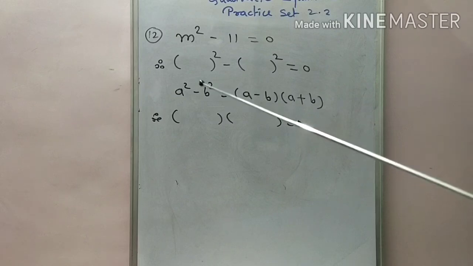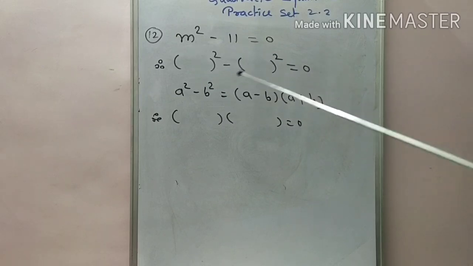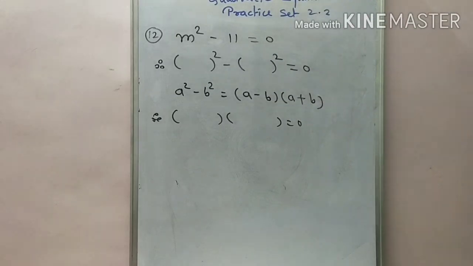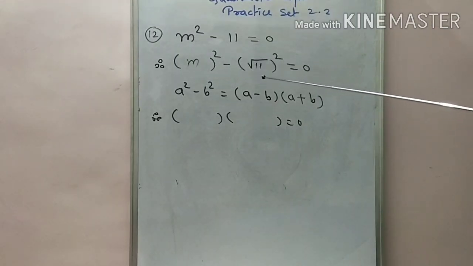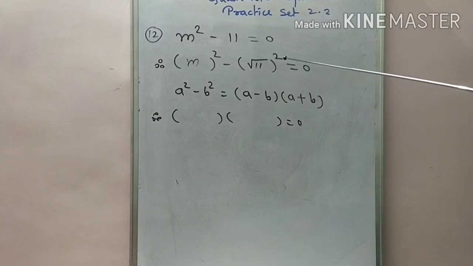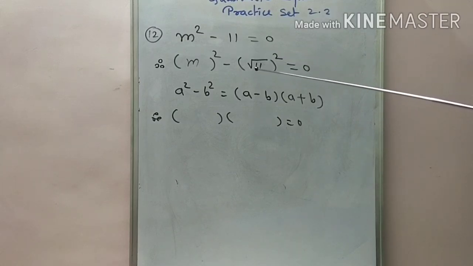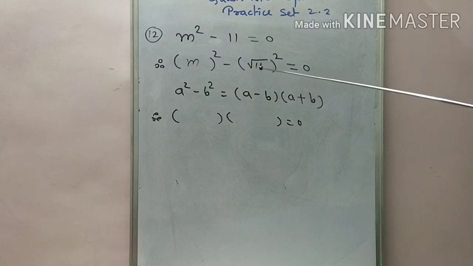So first we have to convert this into this identity. So we get the first bracket as (m) square minus, and the second as (root 11) square, because 11 is not a perfect square, so we write that term under a square root sign.